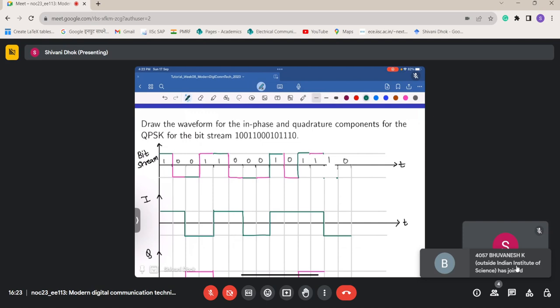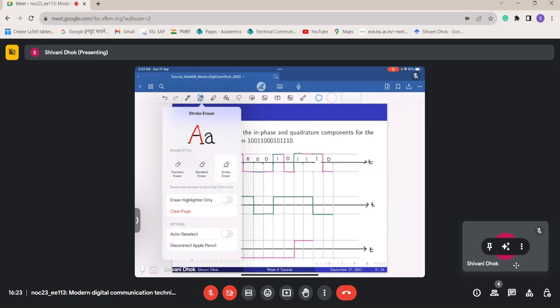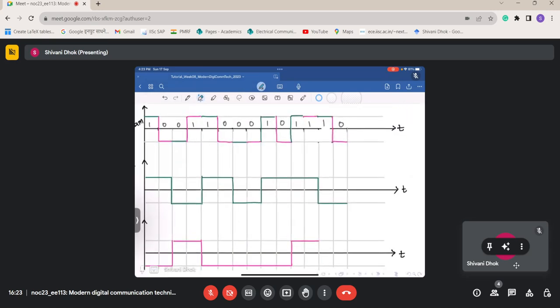Sorry, there was a mistake. So this was 1, and then it was a 0. I have to delete this also. Let me have a stroke eraser. This also. Okay, so we were at this point.